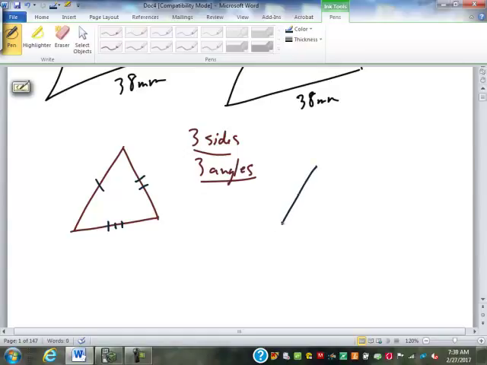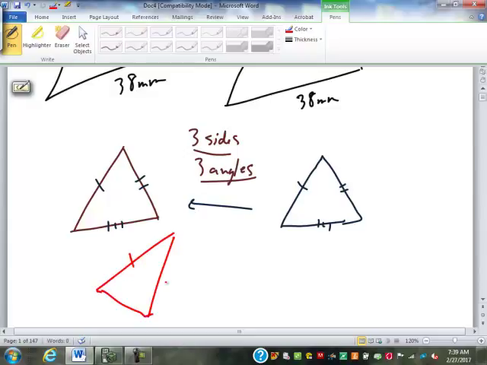If I draw 3 sides that are equal to that, that triangle has no choice but to be identical to the one we started with, even if I don't put the sides in the same order. It's just a mirror image of the original triangle, so it's still considered to be equal to that triangle, even though it's flipped over.